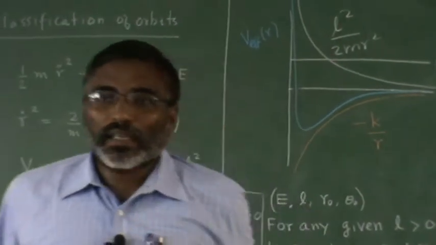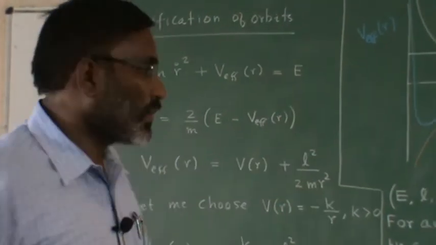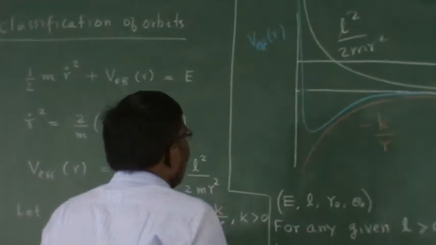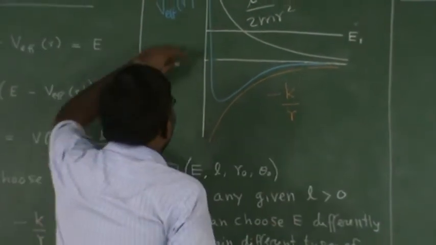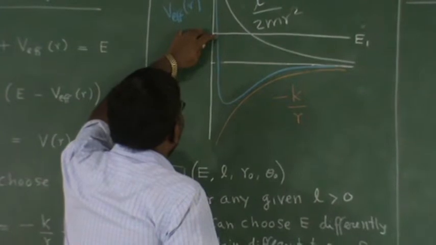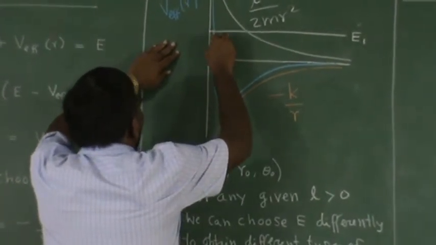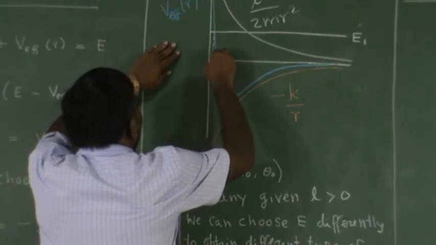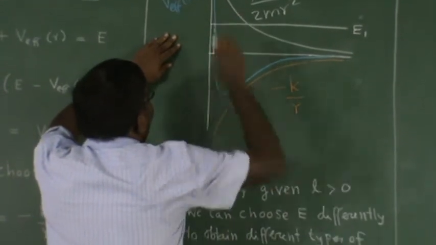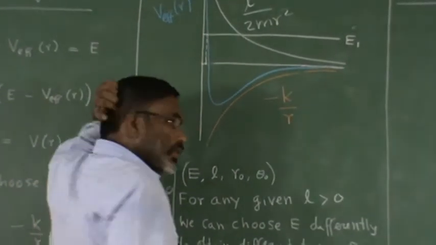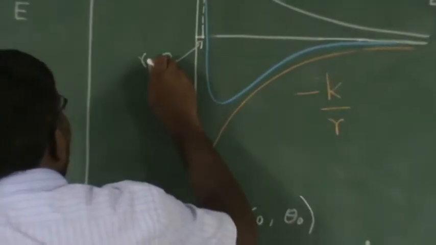Okay, what the particle sees is an effective potential, so please look at only the blue color, the effective potential. Now you can see that if you look at this region, let me call this particular point where the energy is equal to the effective potential, r0.